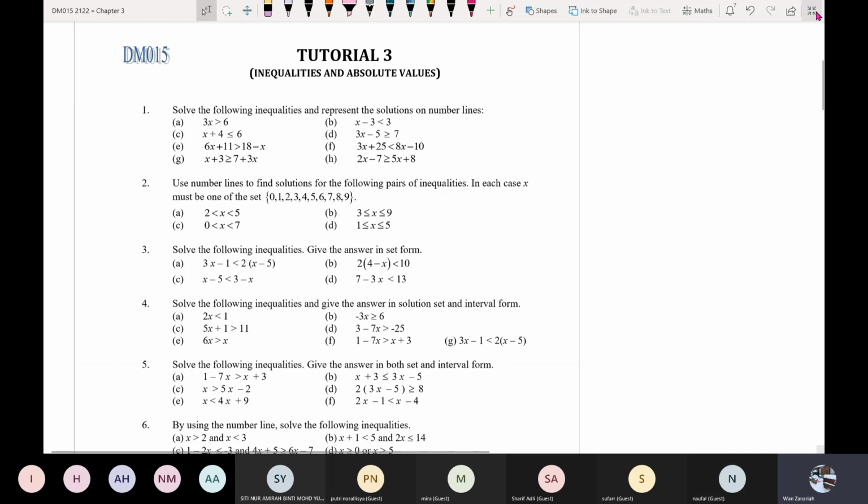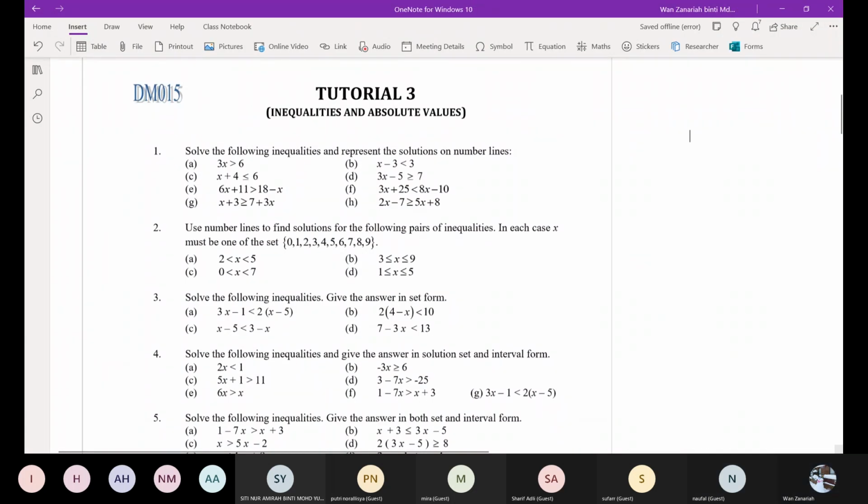Okay, how about the others? Irfan, Mira, Huda, 15. Putri? 15. Sharif Adli?